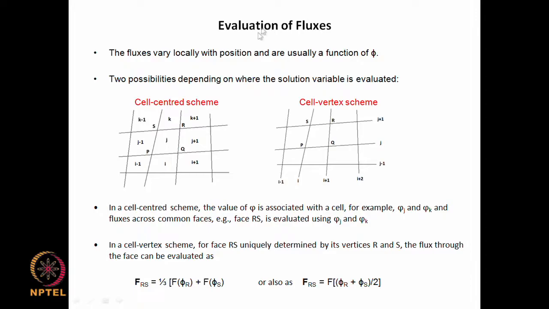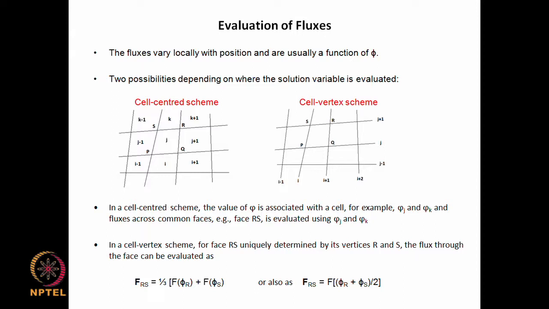Now, flux is f dot s. We have seen how the surface area vector can be evaluated from the coordinate positions of the vertices. Now, how can we evaluate the fluxes?